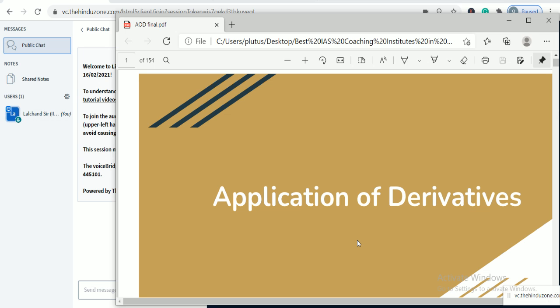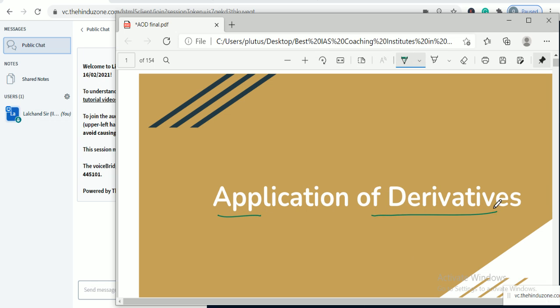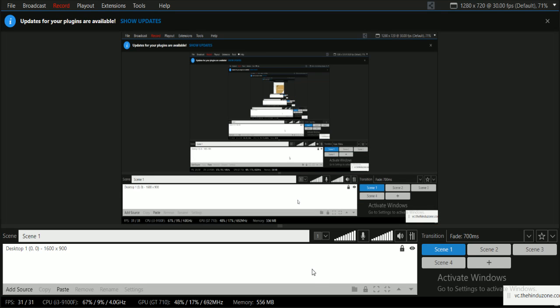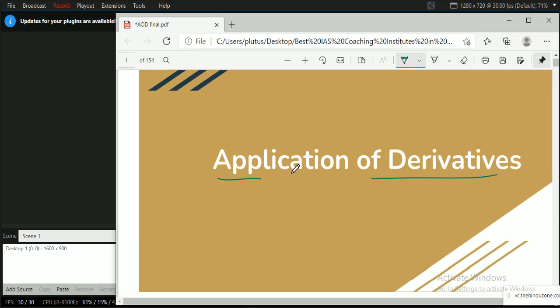So last class we have discussed application of derivative. Okay, so in the continuity, application of derivative.